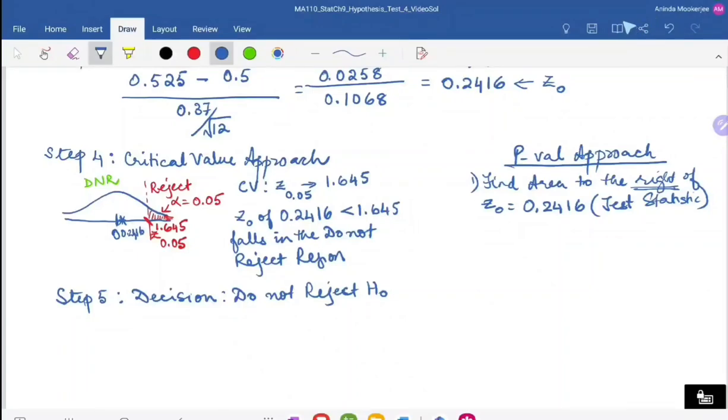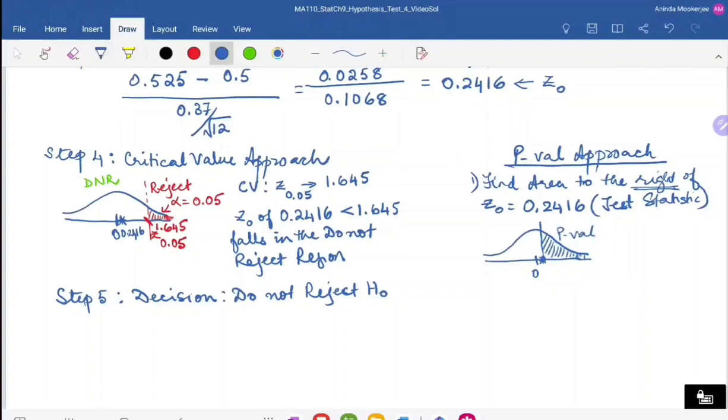So I'm going to draw a quick figure here for the p-value approach. Okay, it's still going to be the normal curve, and 0.2416 is located slightly to the right of 0, then extend a vertical line up to the curve and all this area to the right will represent our p-value.